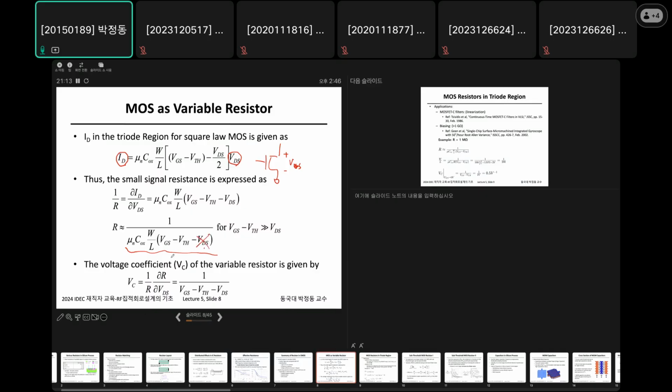From this, the voltage coefficient, which is a function of VDS, is just the derivative of R with respect to VDS, normalized with a given resistor. Then you can easily show that this is VGS minus VTH minus VDS.